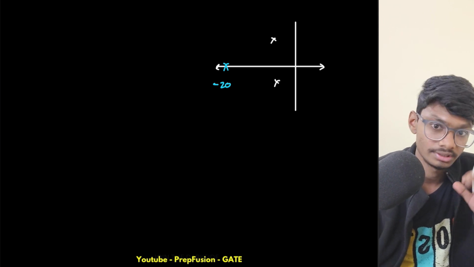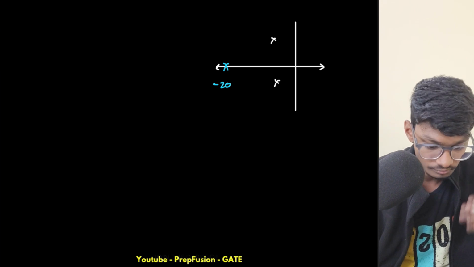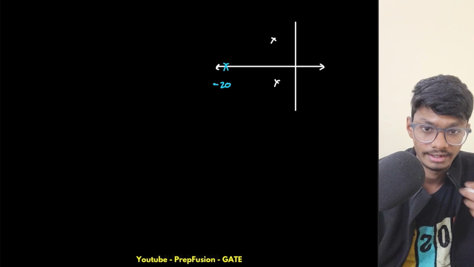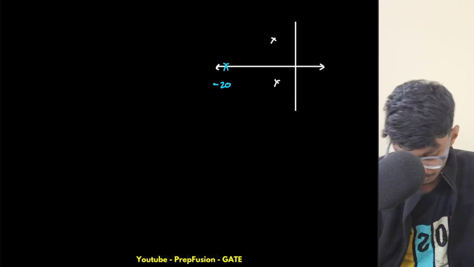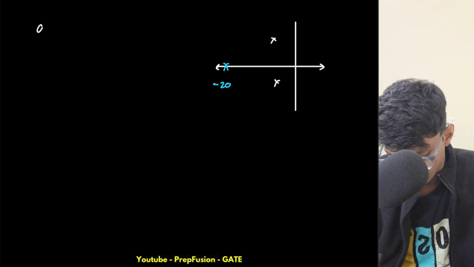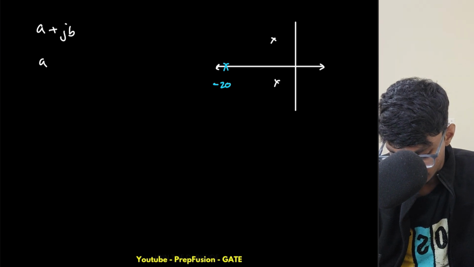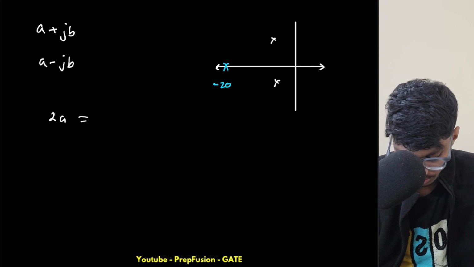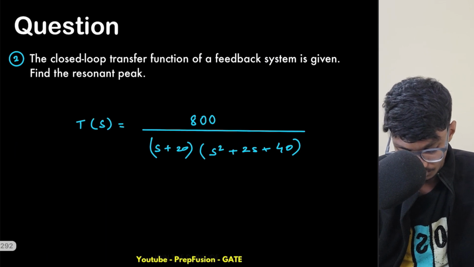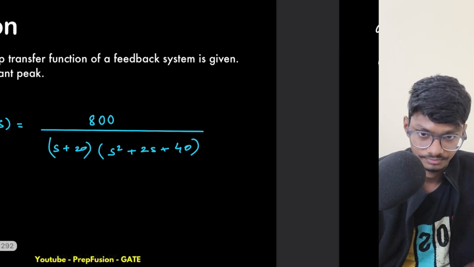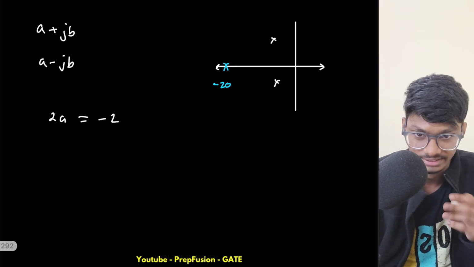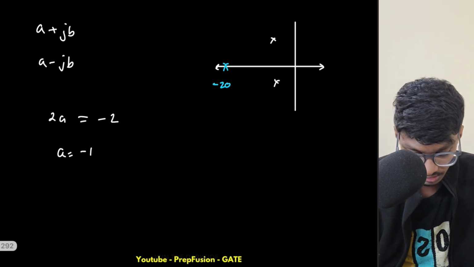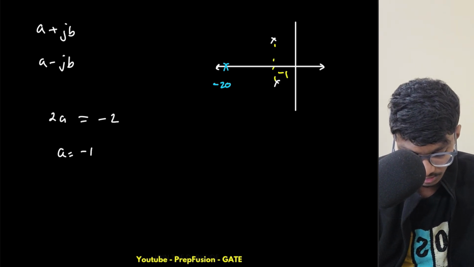Only the real part will remain, and we have to divide it by 2 also, because that part is getting added twice. So let's say one of the roots is a plus jb, another root is a minus jb, and the summation of these roots, 2a, should be equal to minus 2, the negative of this coefficient, b by a. You remember, right? This is a class 10 formula. So a will be equal to minus 1. So here my a is at minus 1.